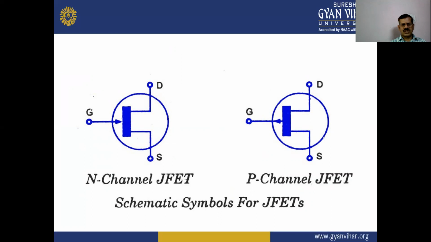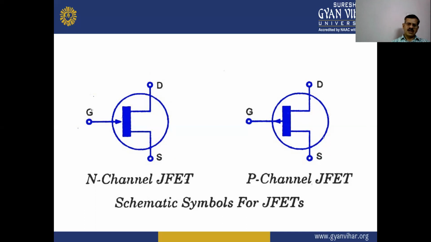Now the schematic symbols for the junction field effect transistor, JFET. The first symbol is for the N channel JFET, and the second one is the P channel JFET. In the N channel JFET, with gate, source and drain, the direction of the arrow on the gate is inside, but in the P channel the direction of the arrow on the gate is outside.